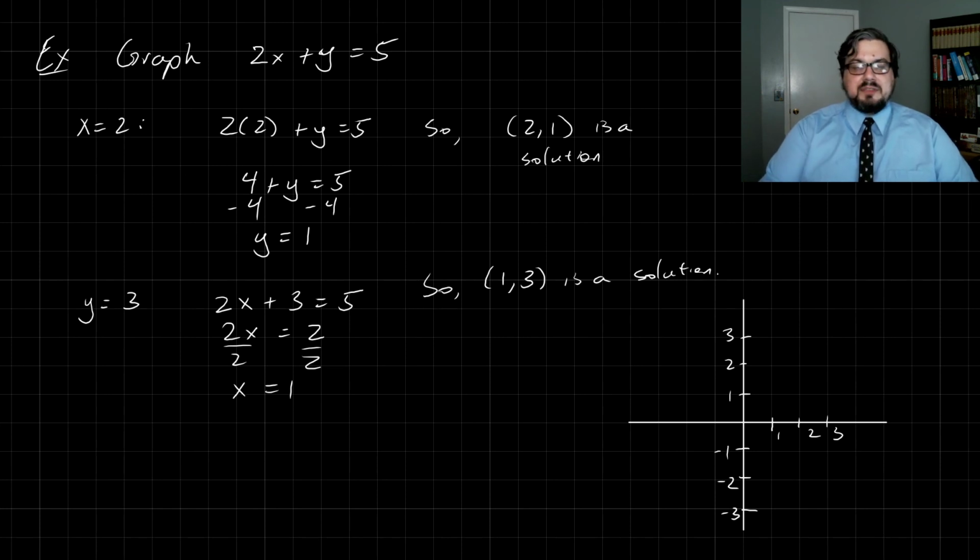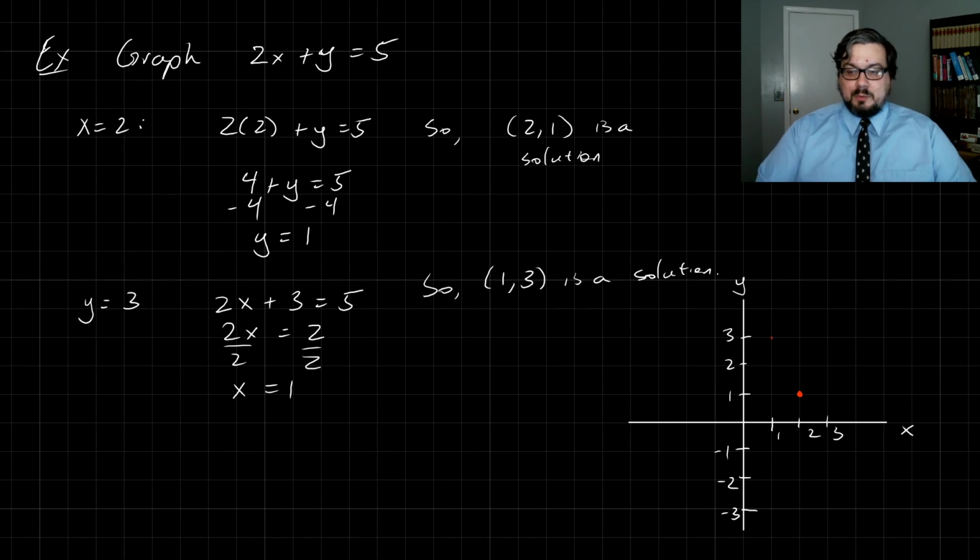So we have that the point 2 comma 1 is a solution. That point is right here. It has an x-coordinate of 2 because it lies above the 2 on the x-axis, and it has a y-coordinate of 1 because it lies to the right of 1 on the y-axis. So there's one of our solutions.